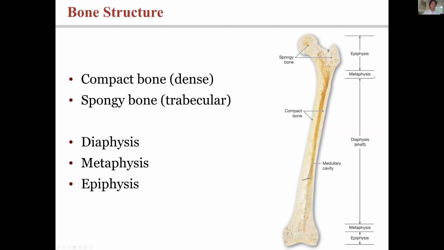Between them, we will have a metaphysis, which is the area where the bone will continue to grow, where endochondral ossification will occur. At some point, that area will become completely calcified, and we will stop growing.